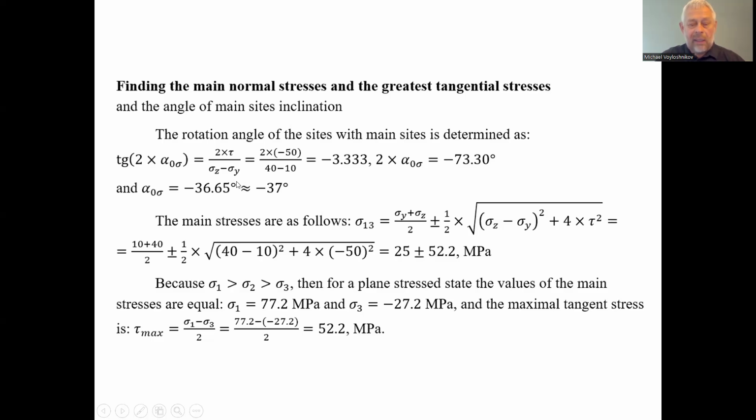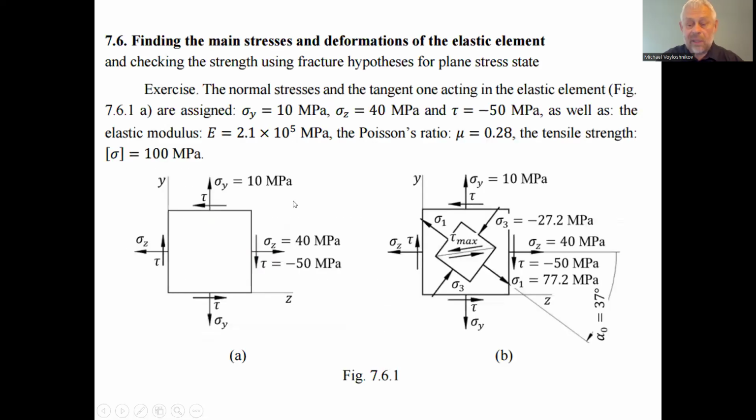After substitution, the tangent equals minus 3.333, etc. So two alphas, the angle of inclination of the main sides, equals minus 73.30 degrees. That is, one alpha is equal to minus 36.65 degrees, approximately minus 37 degrees.